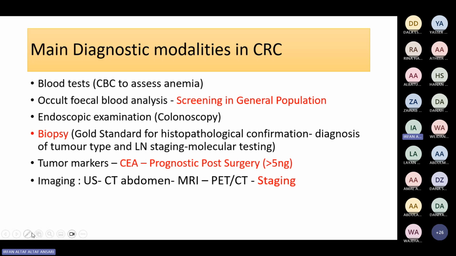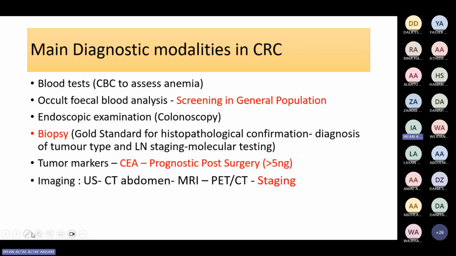It is very important for the prognosis. Before surgery, if you see a very high amount of CEA, you can call it a large tumor and there is metastasis. But after surgery, it should be less than 5 nanogram. If you see more than 5 nanogram, it means your tumor has recurred or there is metastasis.